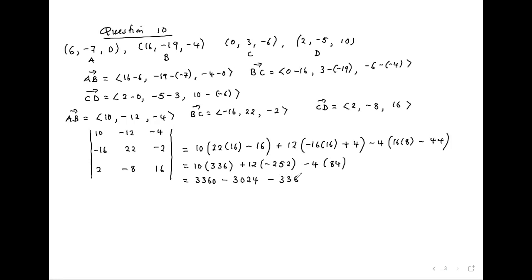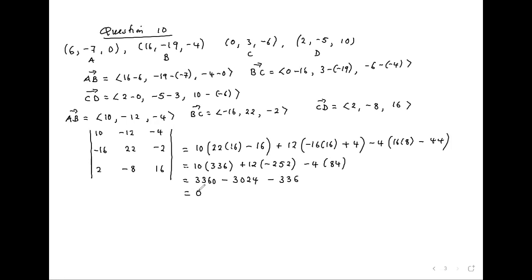So we do the addition here: 3360 minus 3024 minus 336. We get 0.